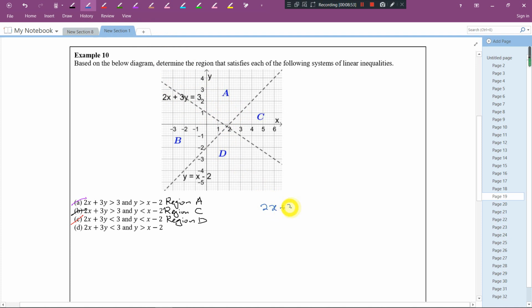2x plus 3y is less than 3, and then I have another inequality, y is greater than x minus 2. 2x plus 3y is less than 3. Okay, so less than, below. y is greater than x minus 2, greater than, above.